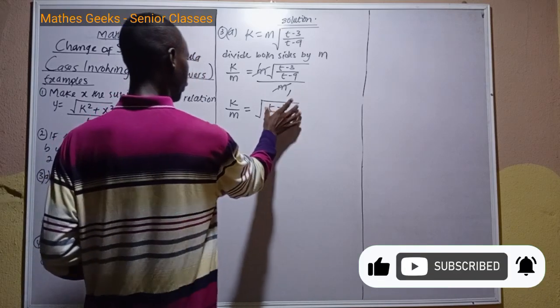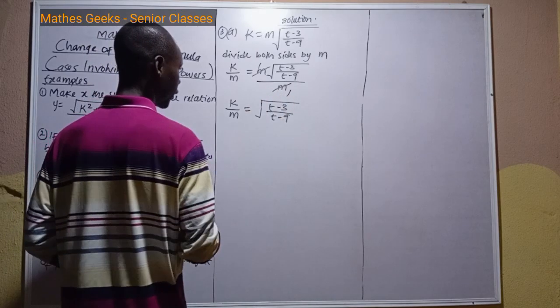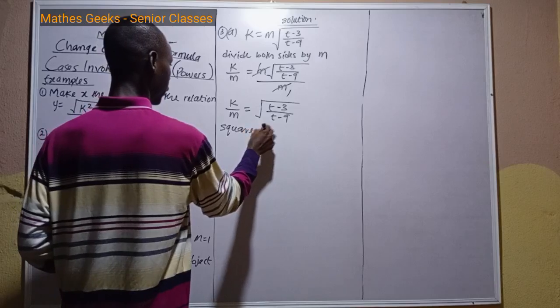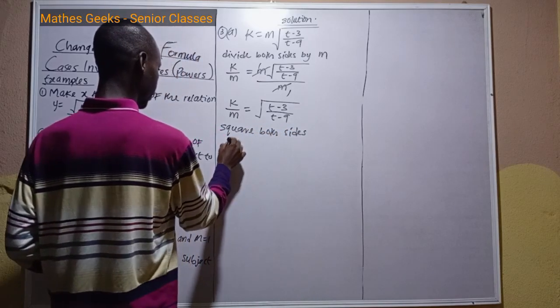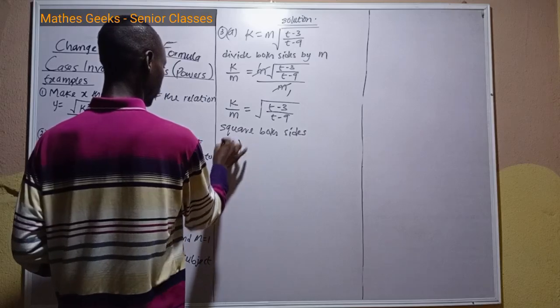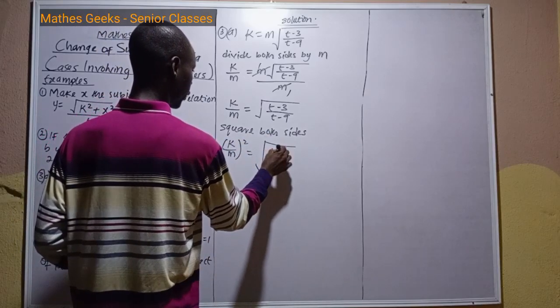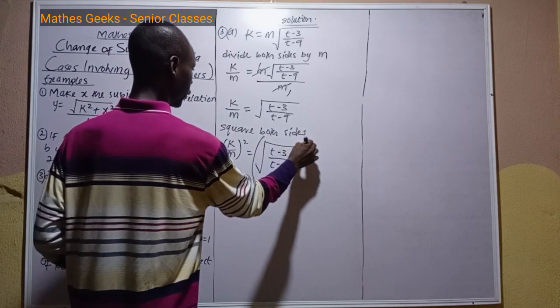To continue with making t the subject, the first thing we need to do is remove the square root sign. So we square both sides. k over n squared equals the square root of (t minus 3) over (t minus 9), all squared.